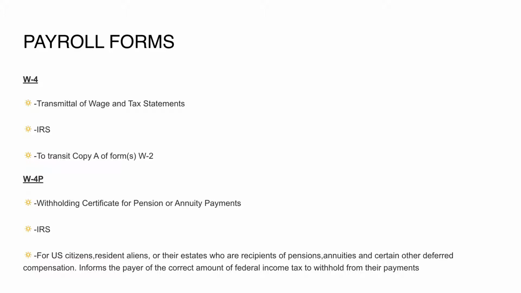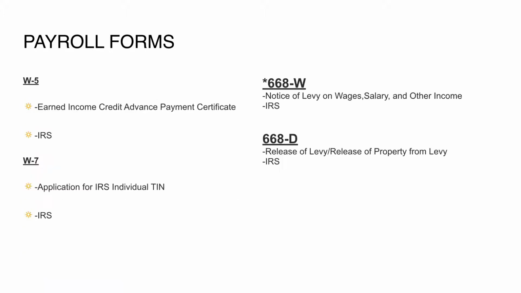W-4P is the withholding certificate for pension or annuity payments reported to the IRS for U.S. citizens, resident aliens, or their estates who are recipients of pensions, annuities, and certain other deferred compensation. It informs the payer of the correct amount of federal income tax to withhold from their payments.